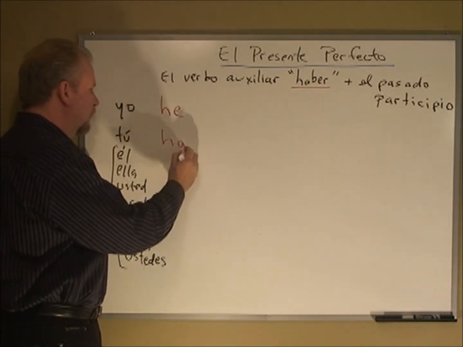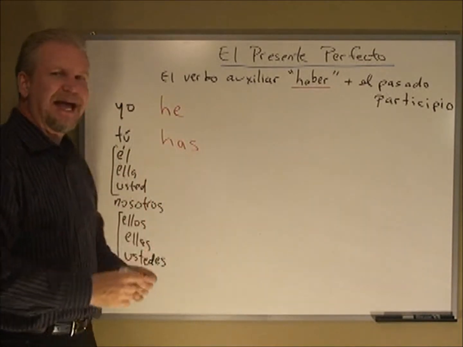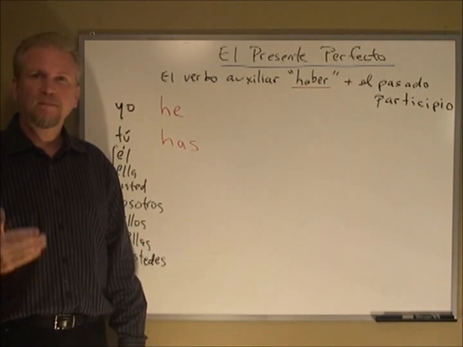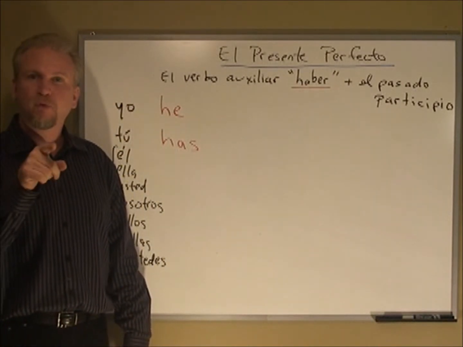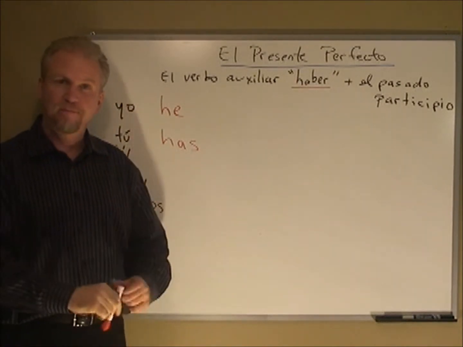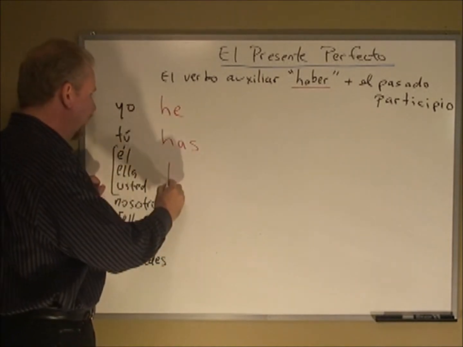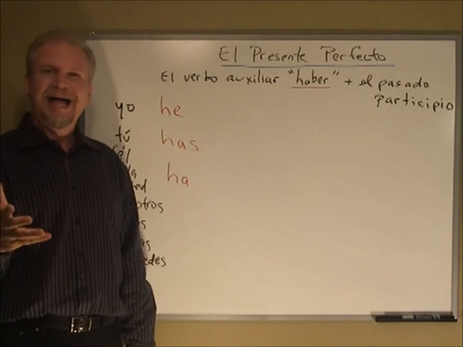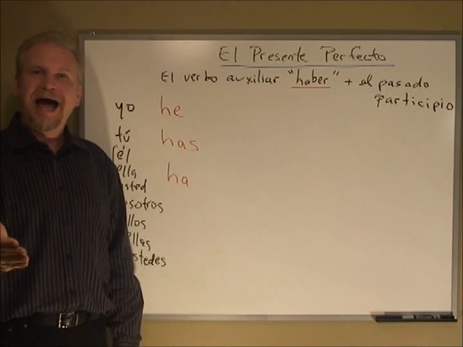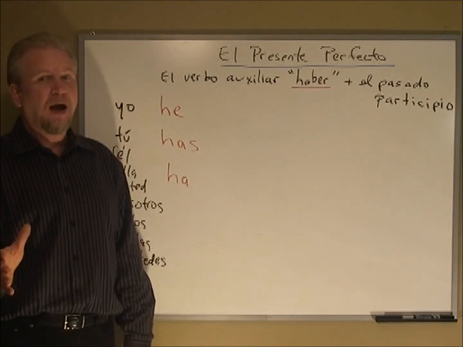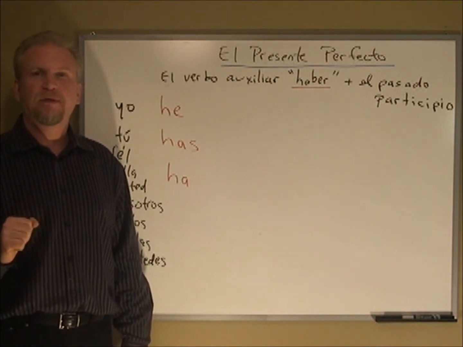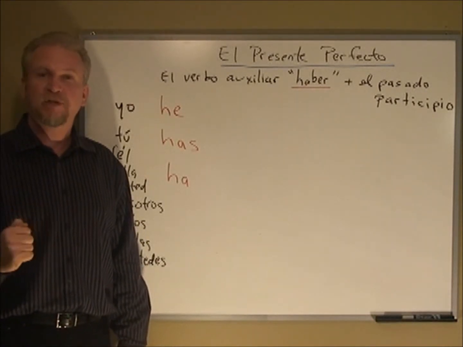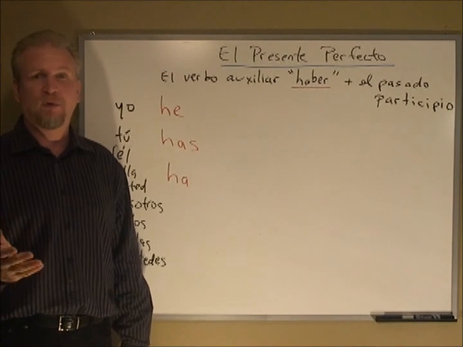Tú has. Yo he, tú has. You have. Él, ella y usted. The form of the verb is a. Él, a. Remember, it's not ha, the H is silent. Él, a. Basically, we're only pronouncing the vowel a.